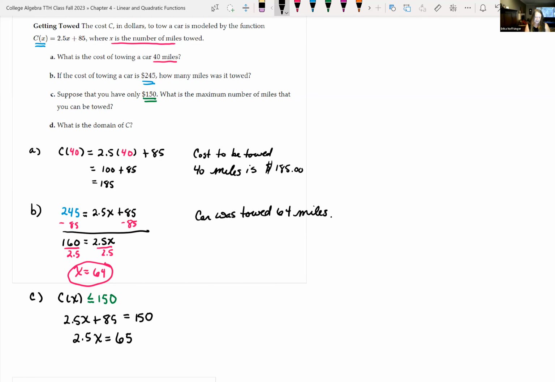Divide 65 by 2.5, and we get 26. So we can be towed a maximum of 26 miles.